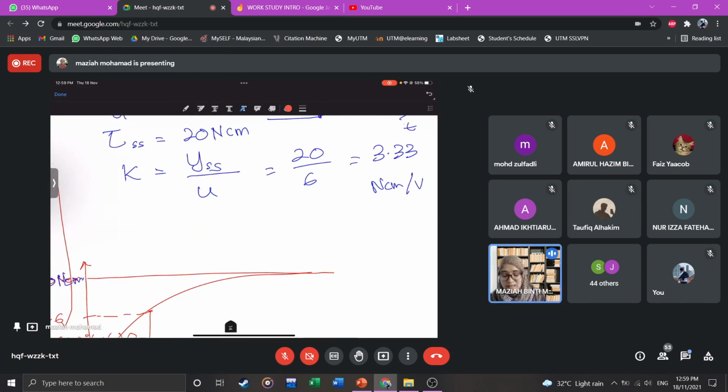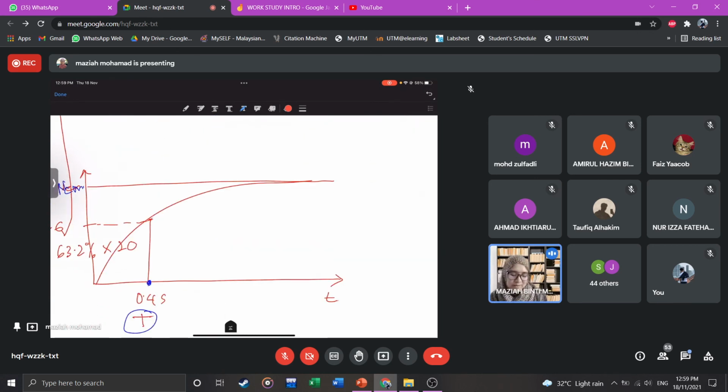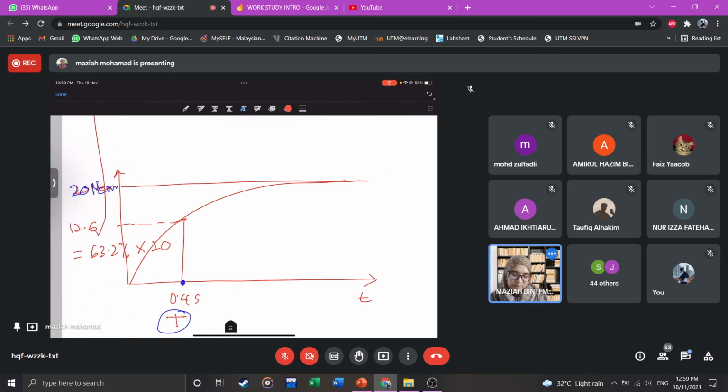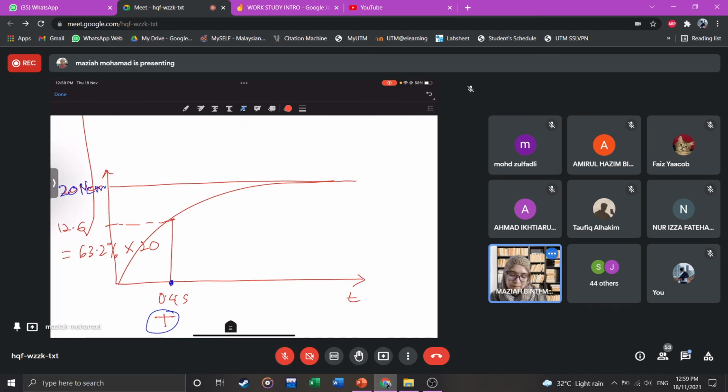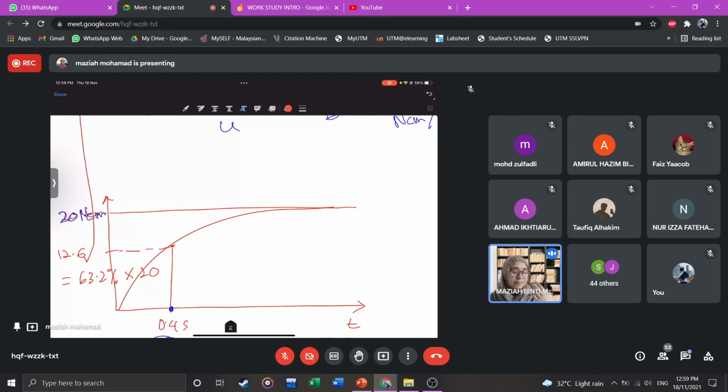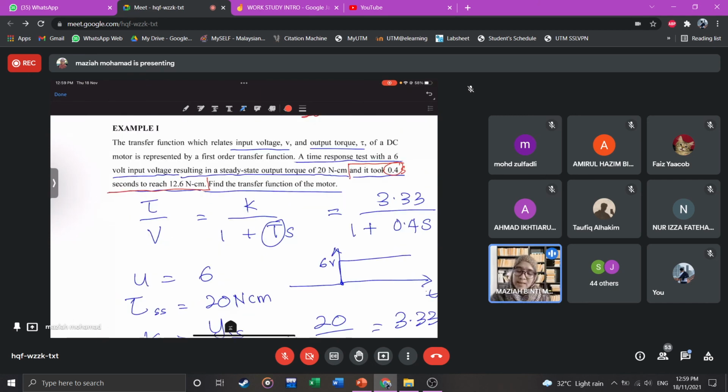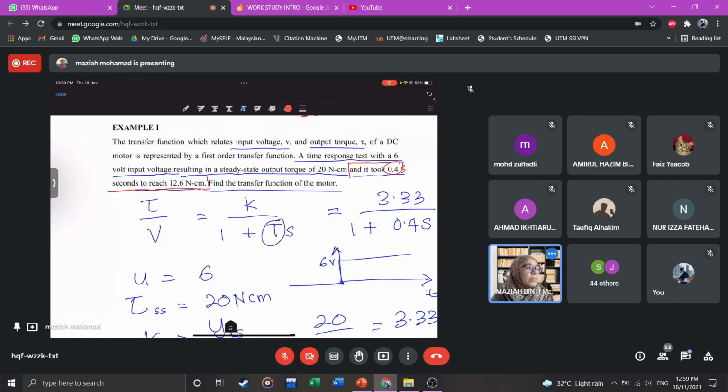In this example it gives you the answer straight away. But let's say it mentions that it took 0.4 second to reach not 12.6 but 10 Newton centimeter.